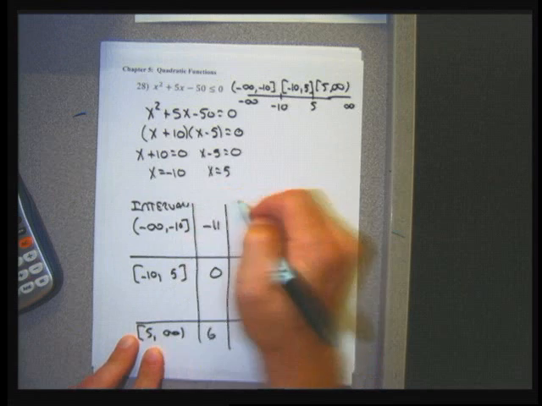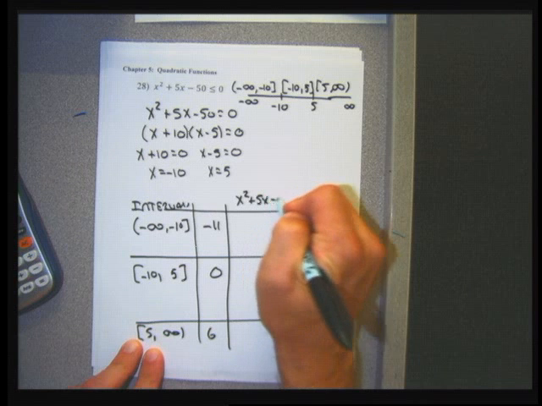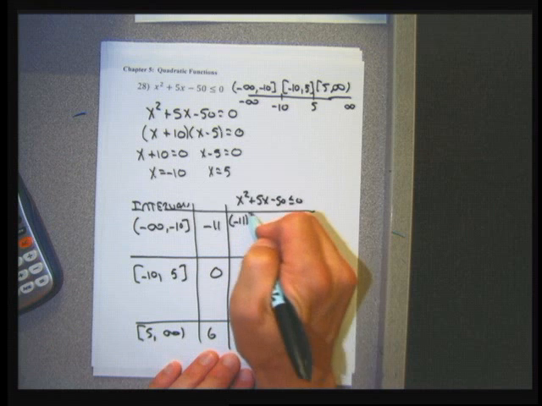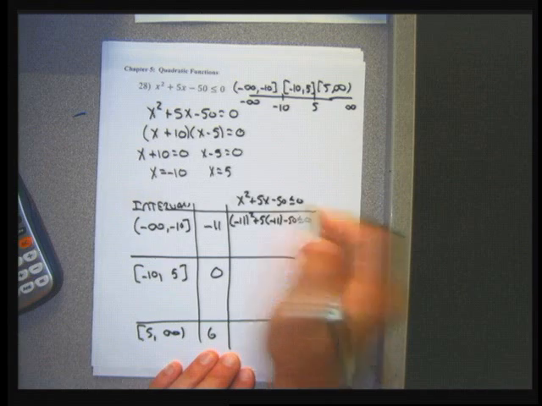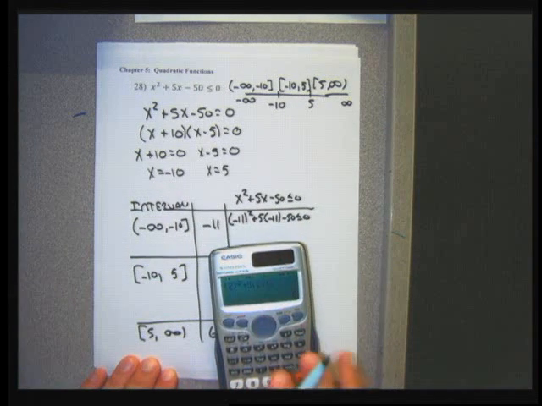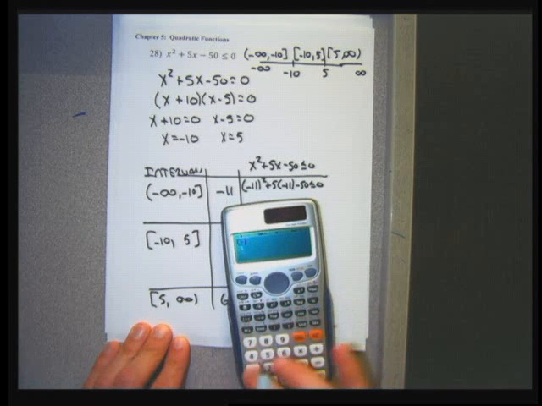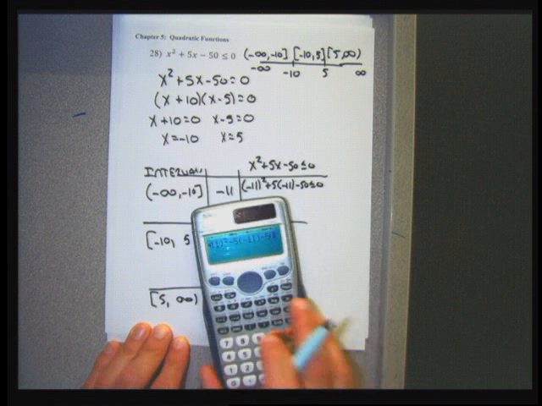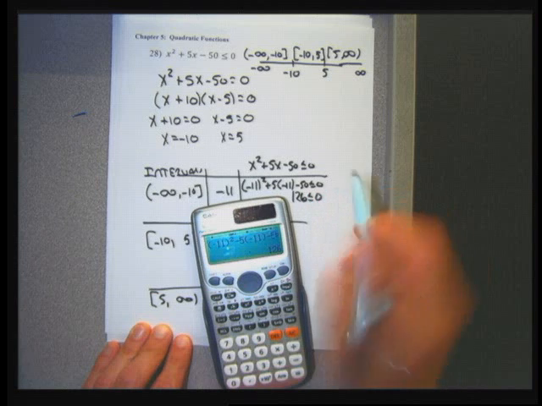Where am I going to check them? I'm going to check them into x squared plus 5x minus 50 is less than or equal to 0. So I'll go negative 11 squared plus 5 times negative 11 minus 50 is less than or equal to 0. Calculator time. I'll get parentheses negative 11 squared minus 5 times negative 11 minus 50, and that gives me 126 is less than or equal to 0.